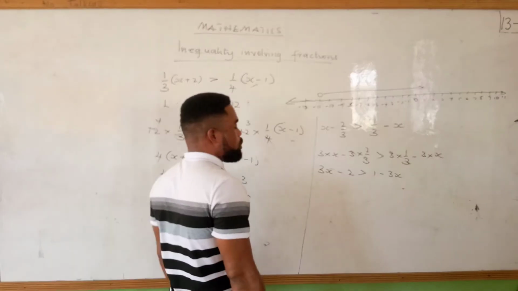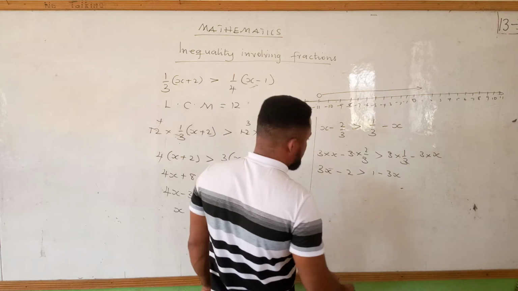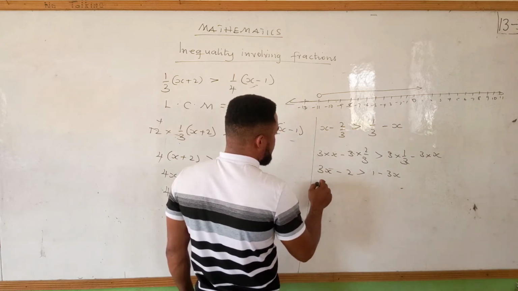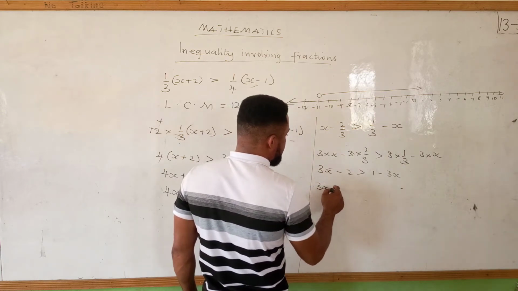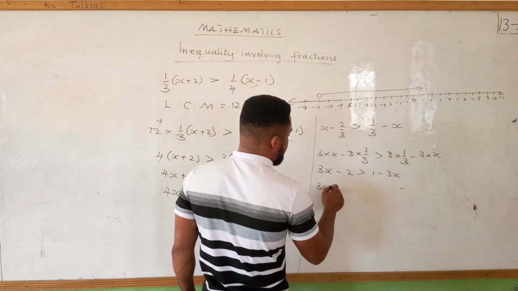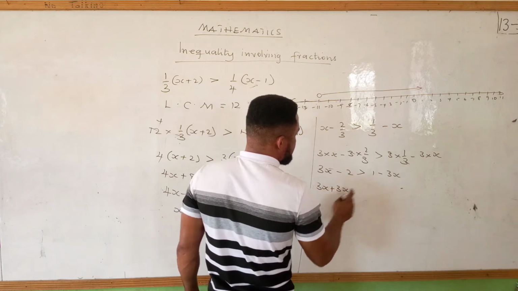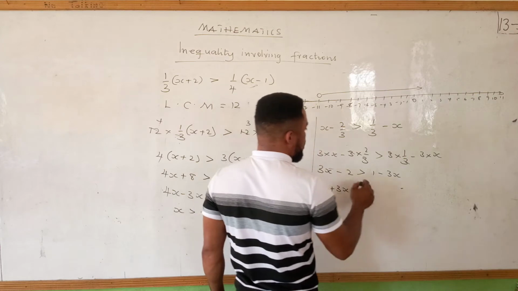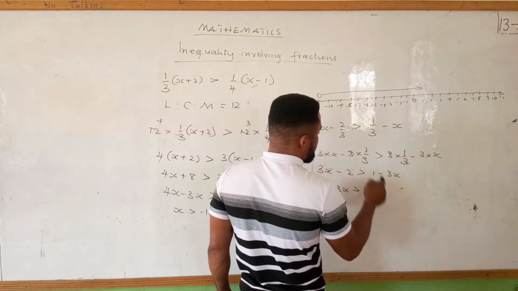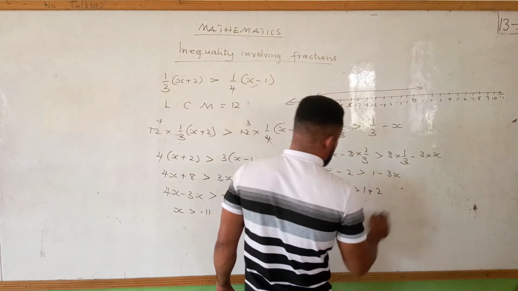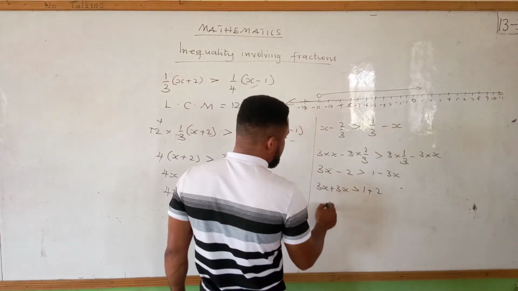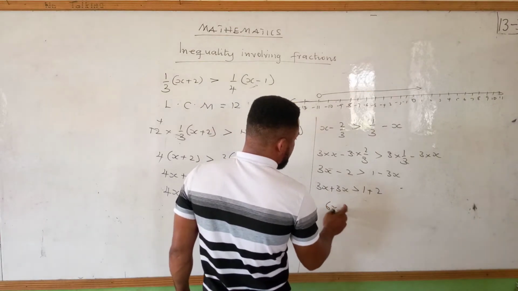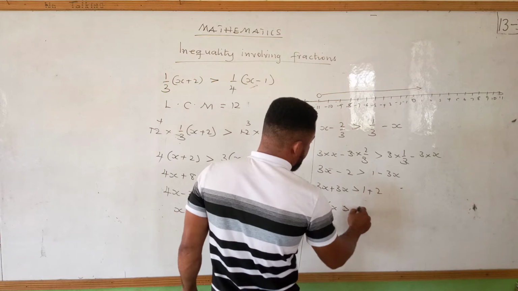So what do you do? You group your like terms as usual. So we are going to have 3x. This is negative, so you add plus another 3x here, greater than 1. This is positive, so you add plus 2. Therefore, we are going to have 6x, which is greater than 3.